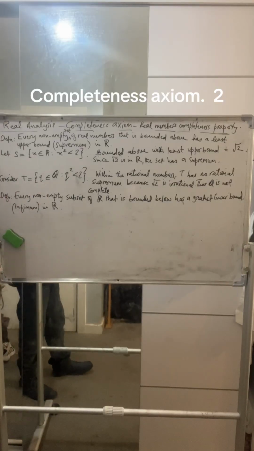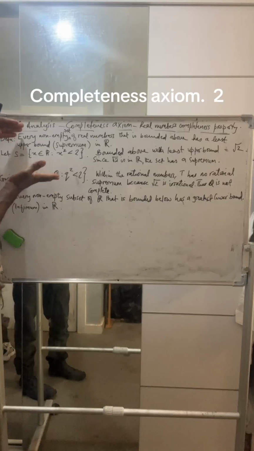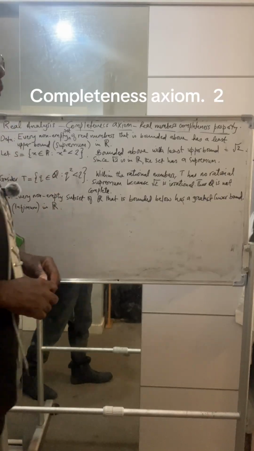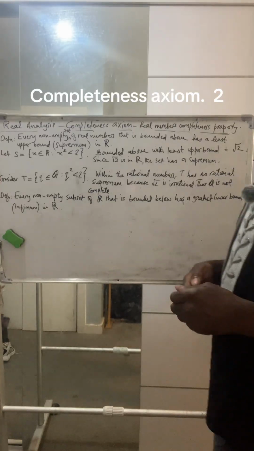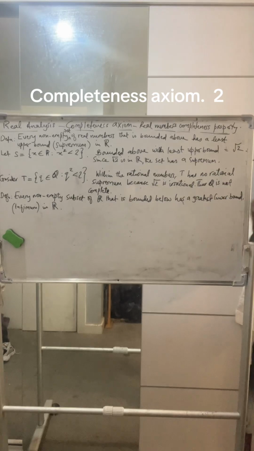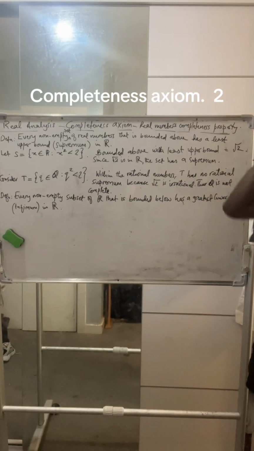So when we say completeness axiom, these are the two things you really need to know. These two definitions, if you like. You need to know them.